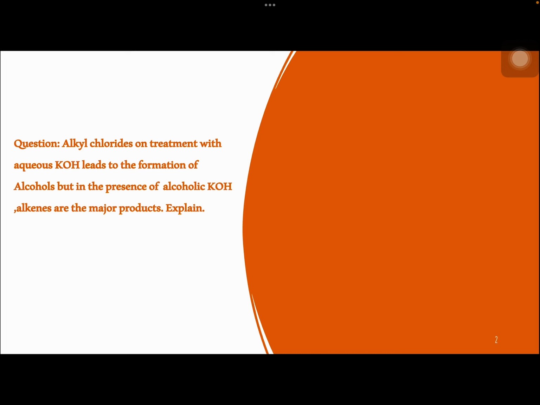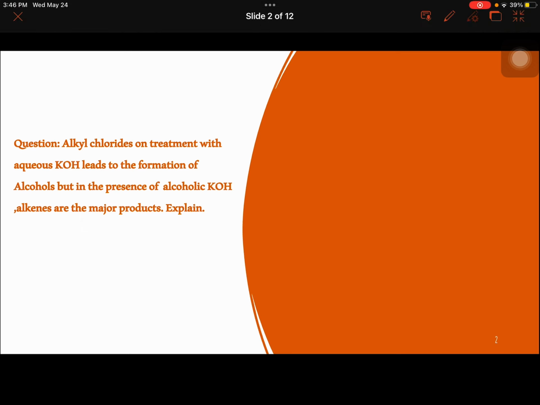So the first question in this video is: alkyl chlorides on treatment with aqueous KOH leads to the formation of alcohols. That means alkyl chloride, or alkyl halide in general, on reaction with aqueous KOH, that is a strong base, potassium hydroxide taken in aqueous medium, leads to the formation of alcohol.